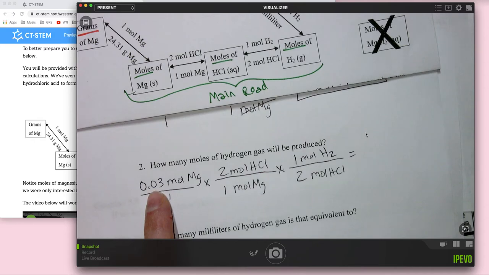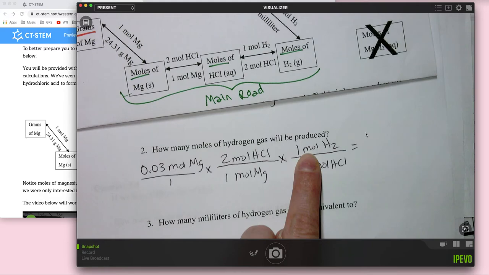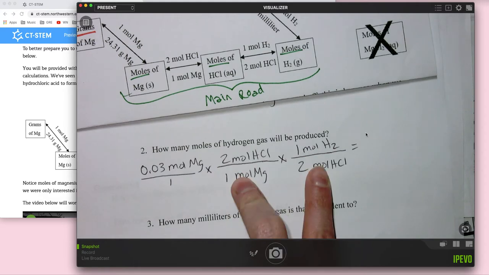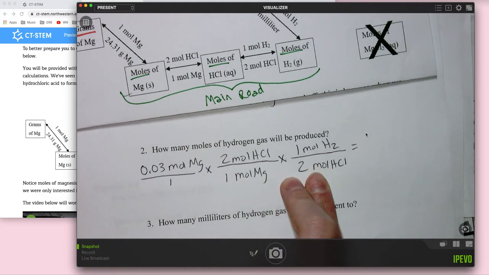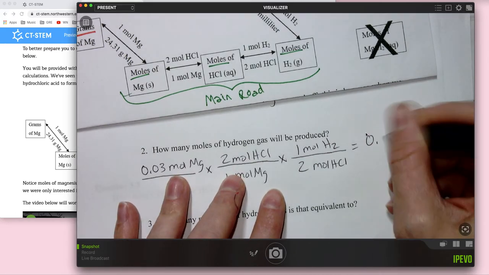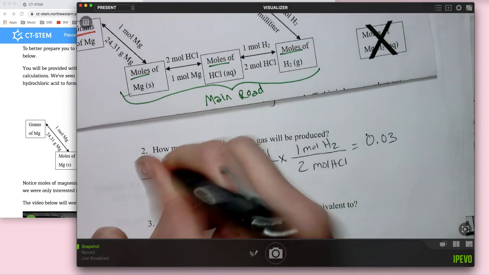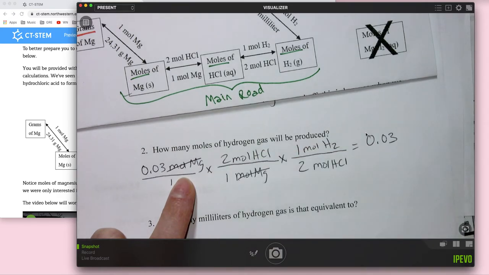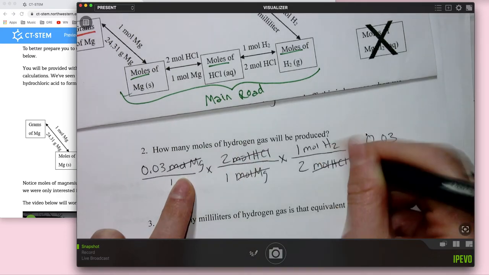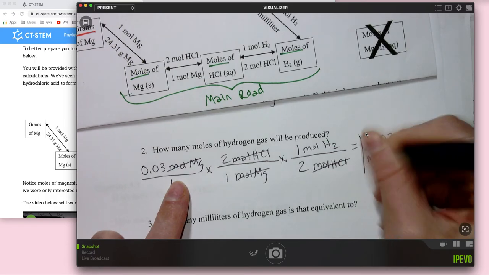So 0.03 times 2 times 1 divided by 2, we end up getting 0.03. And then to figure out my units, mole of magnesium cancels, mole of hydrochloric acid cancels, so I'm left with mole of hydrogen gas.